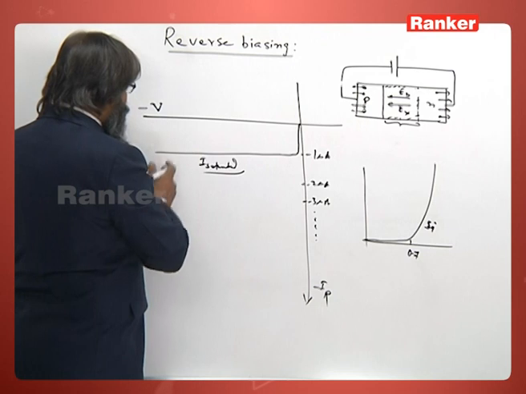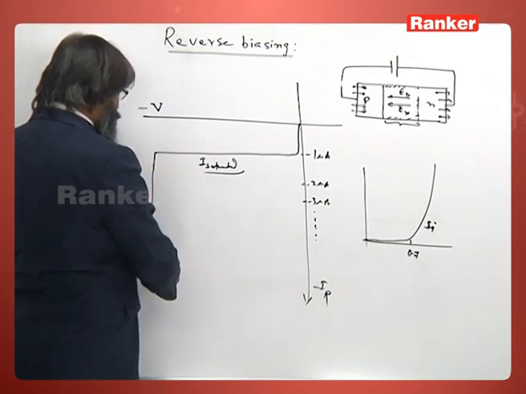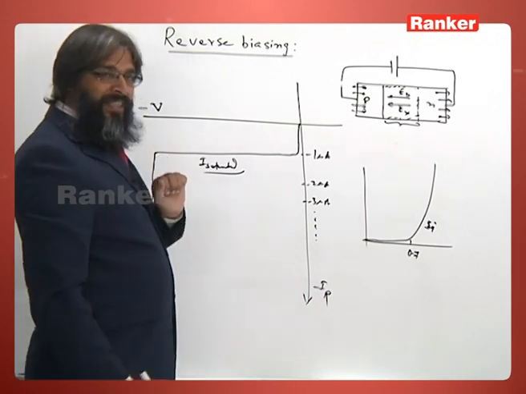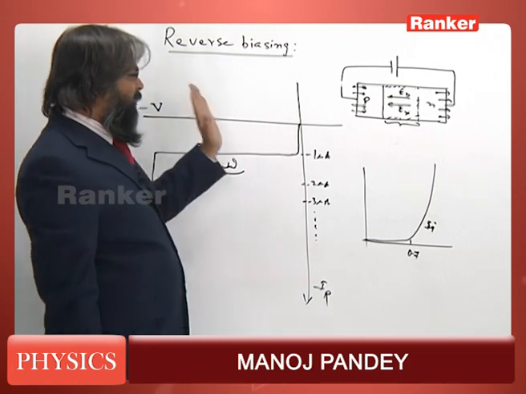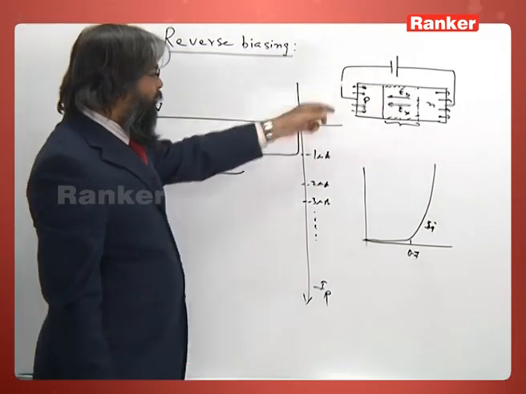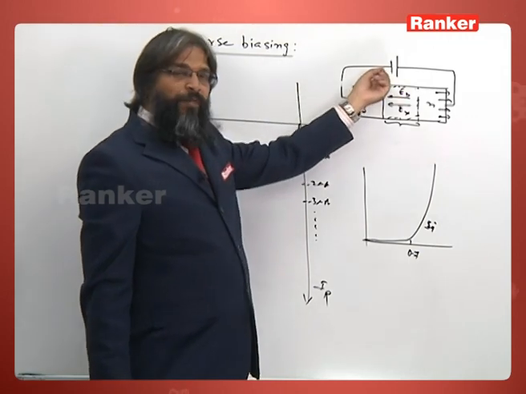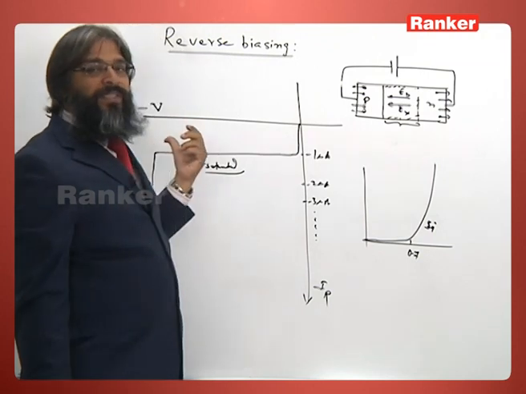We will see later on that the current will begin to increase like this. Presently we are not interested in this part. So the current becomes saturated within a very small range. In a negligible range, that means if I start from 0 and increase voltage, the current will immediately become saturated.